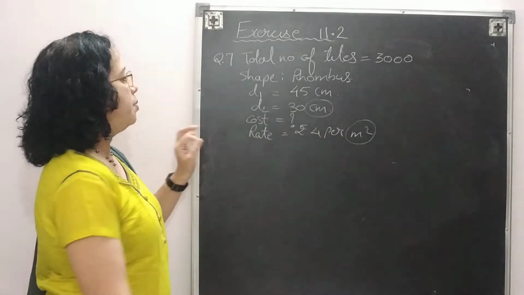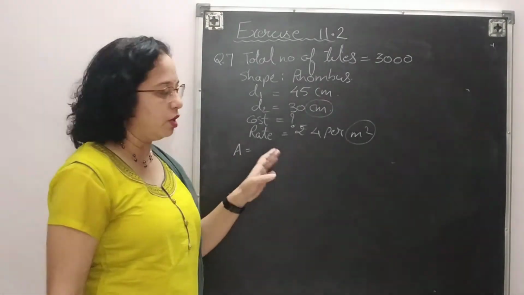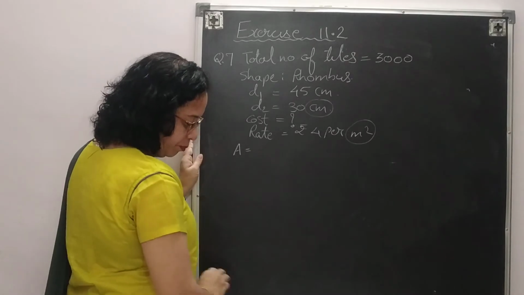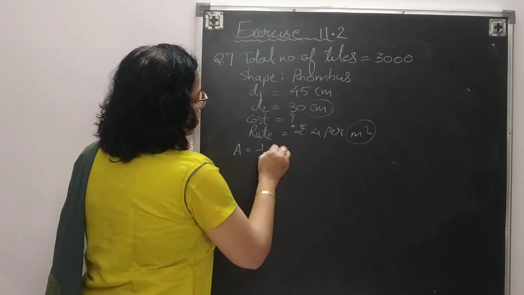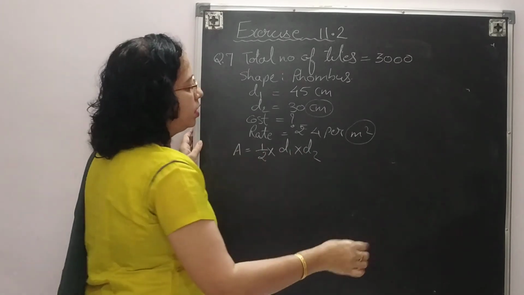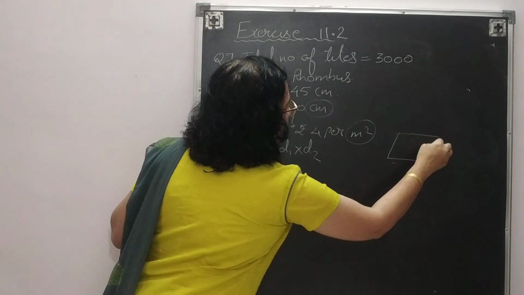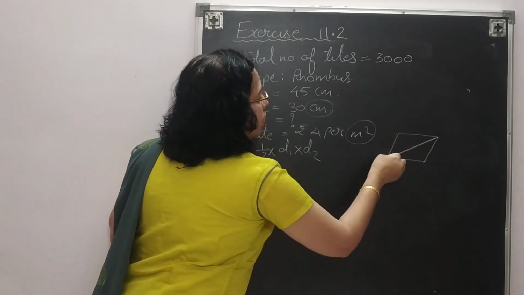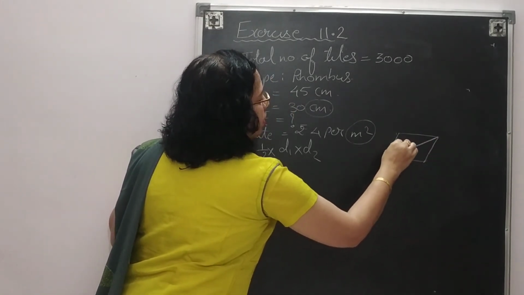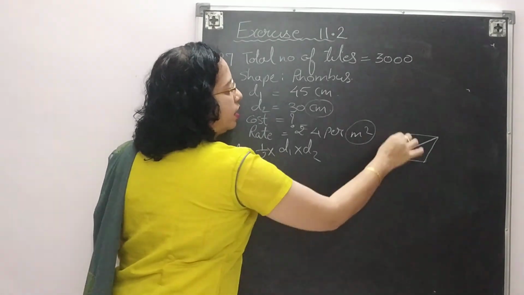Okay. So the shape given is rhombus. So what is the formula to find out the area of a rhombus? Half into D1 into D2. If you don't remember the formula, again just draw one small rhombus there, draw one diagonal, and this diagonal is D1. Okay, so now you are getting these two triangles.